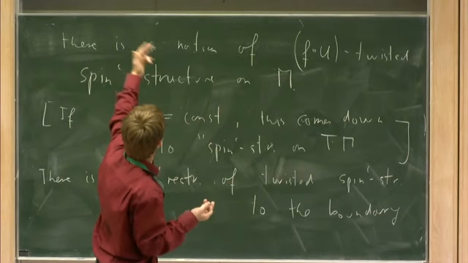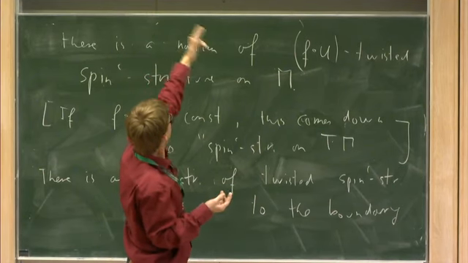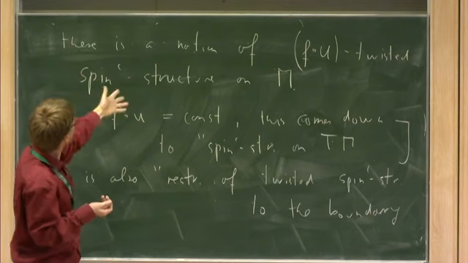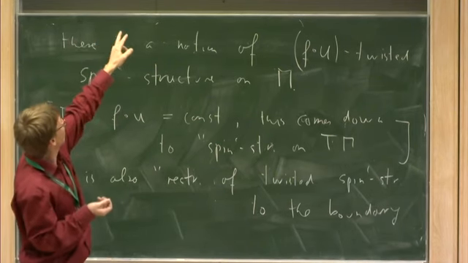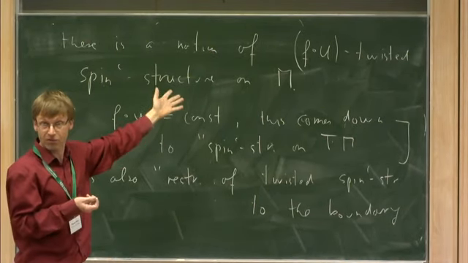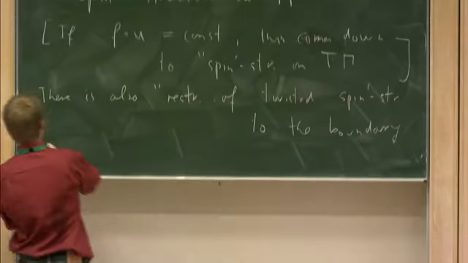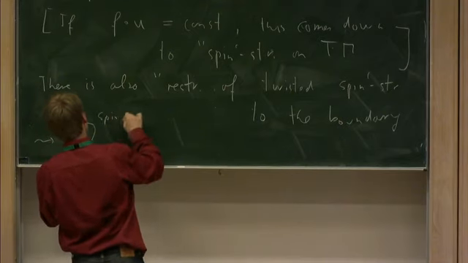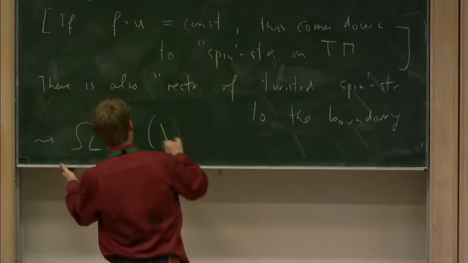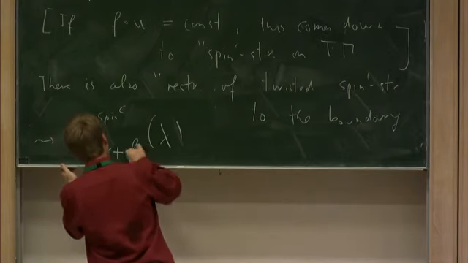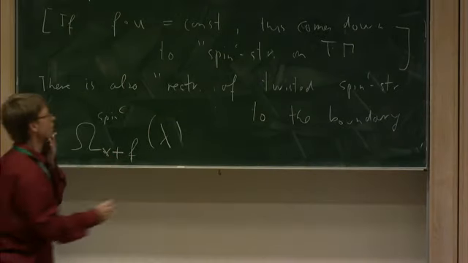So if we have this map from X to BPU of H fixed, our Bordism group will be the M's with maps to X with twisted spin C structures in this sense, which I didn't quite describe. It's the omega spin C of X, but now twisted by this map F.